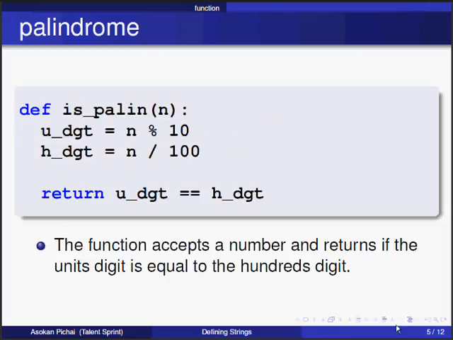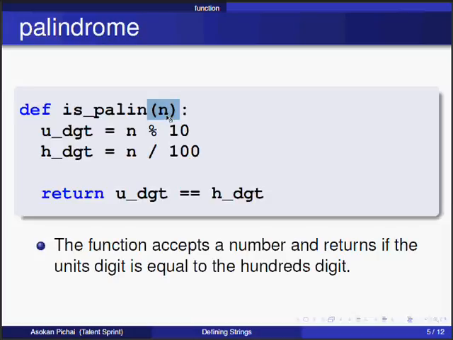Let us look at the palindrome function which we just spoke about. The function accepts a number and returns if the units digit is equal to the hundredths digit or not. Here is how the function goes. We have the def, which is a keyword, and then we have the isPalin, which is the function name, and then in brackets we have n.